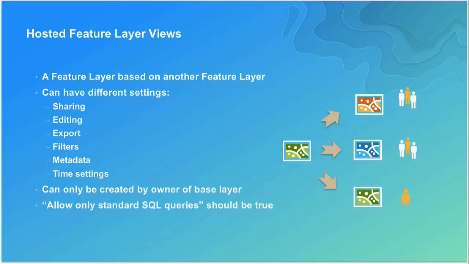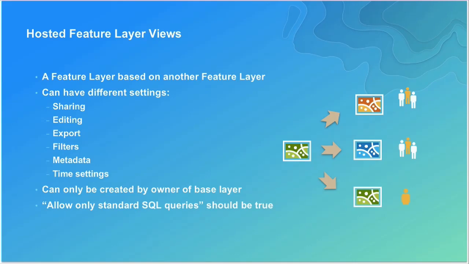There's something that we've introduced not too long ago that allows you even more flexibility, which we call hosted feature layer views. So this is very much like a database view that you can put on top of a table. In this case, you're creating a view on top of a feature layer.